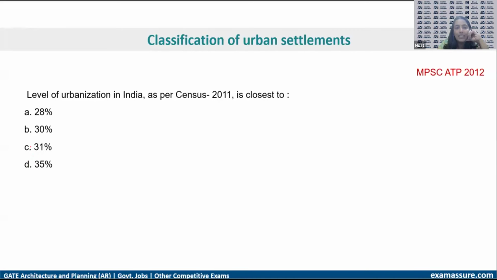Level of urbanization in India as per census 2011 is closest to... correct. It is your 31%. Rest 69 is your rural population, right?